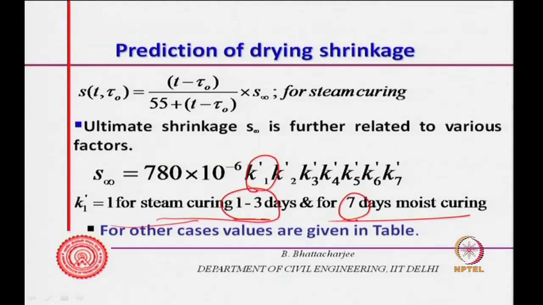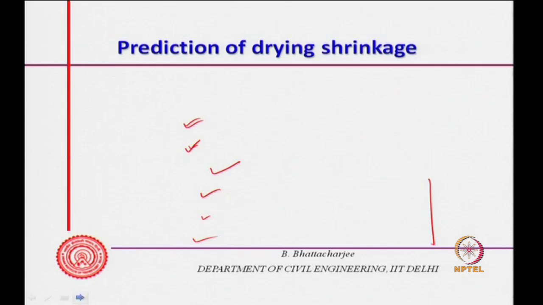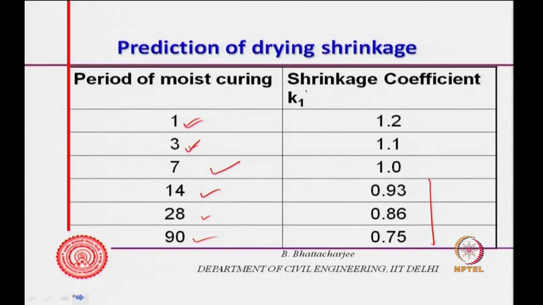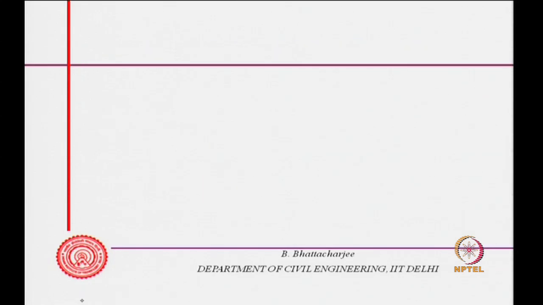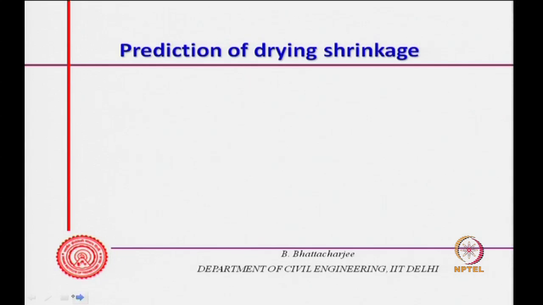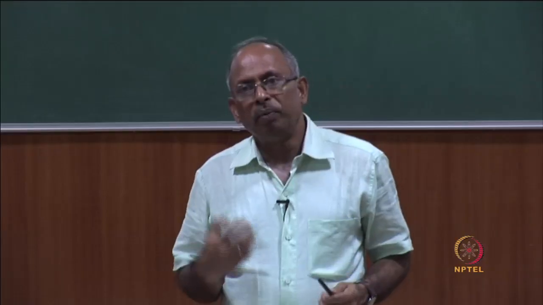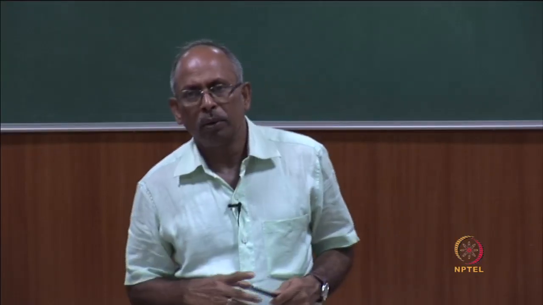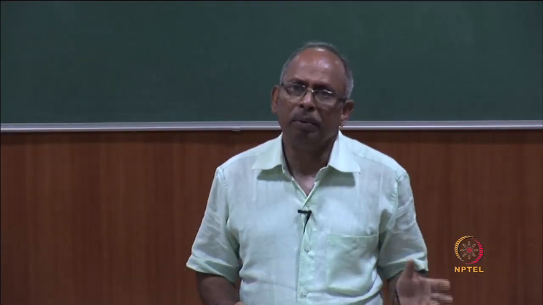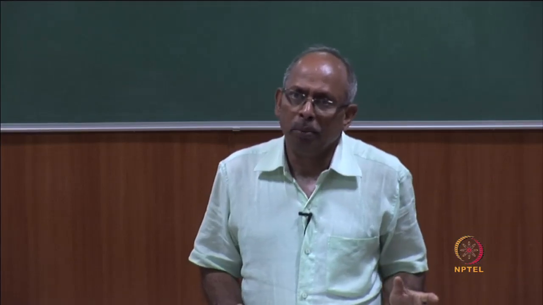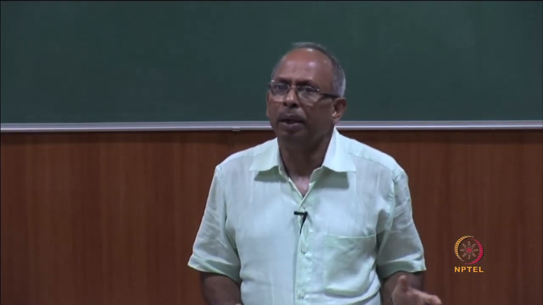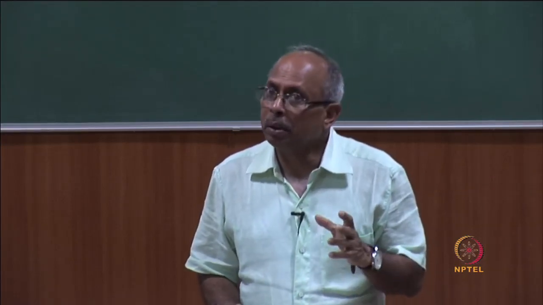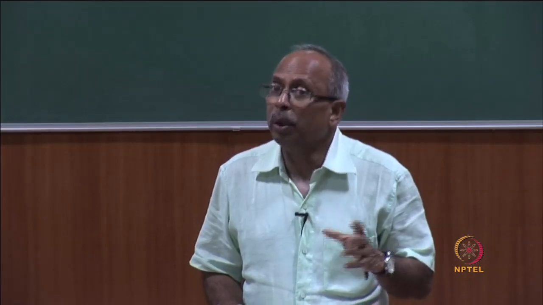Part of the table has been reproduced for the purpose of understanding and getting familiar with the procedure. So, the K1' factor is related to curing. The table for steam curing is separate, and the way to find it is given in the committee report ACI 209. I have just reproduced the normal moist curing scenario only.